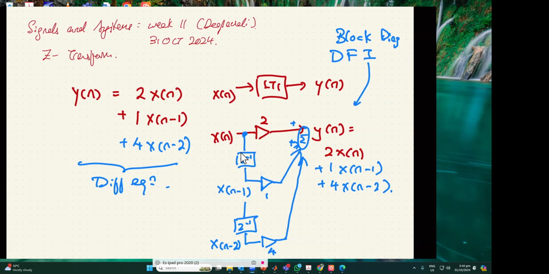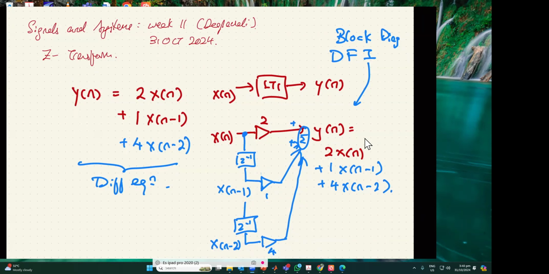Now let me ask you, what is the impulse response of the system? The easiest question that we'll ask you is what is the impulse response? Anyone can tell me, please? What should you do when you're faced with this equation and this block diagram?